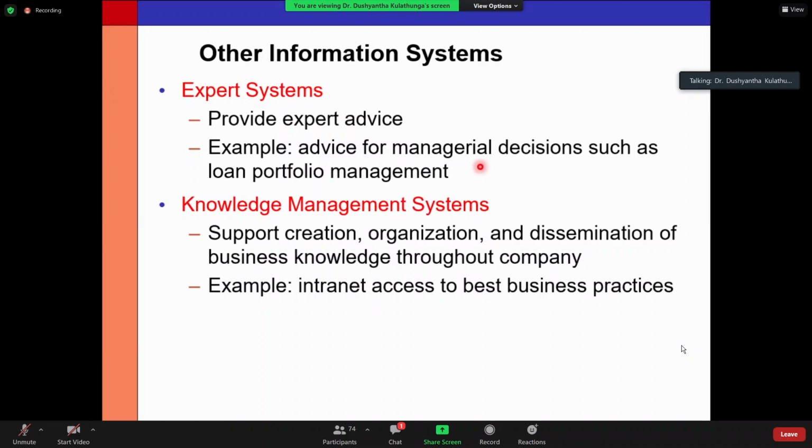A simple analytical tool may not be capable of coming out with the optimal portfolio of investment that the organization should invest in. So in such circumstances, the organizations may have to rely on expert systems. That is the explanation in brief. Is there any question regarding that one?